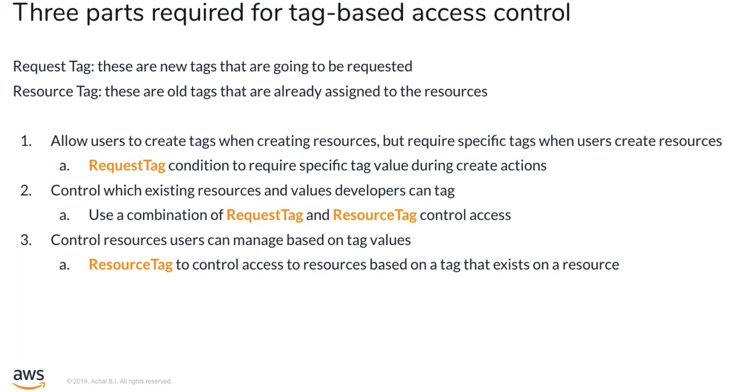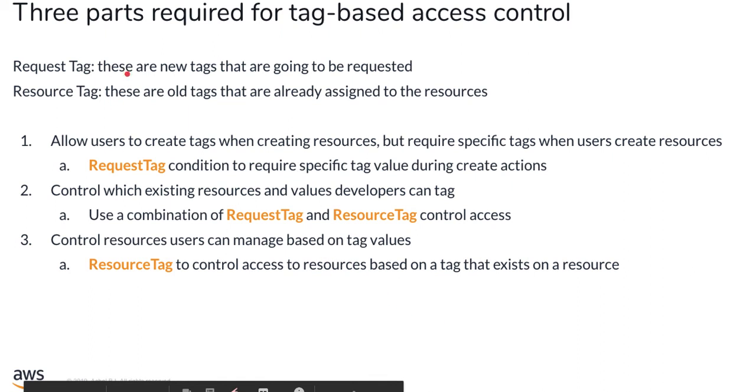So let's understand this tag based control. There are basically three parts required for tag based control. But before we understand the parts, let's understand what request tags and resource tags are.